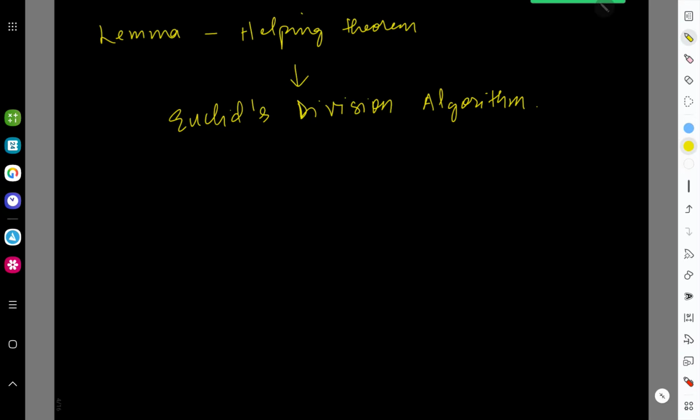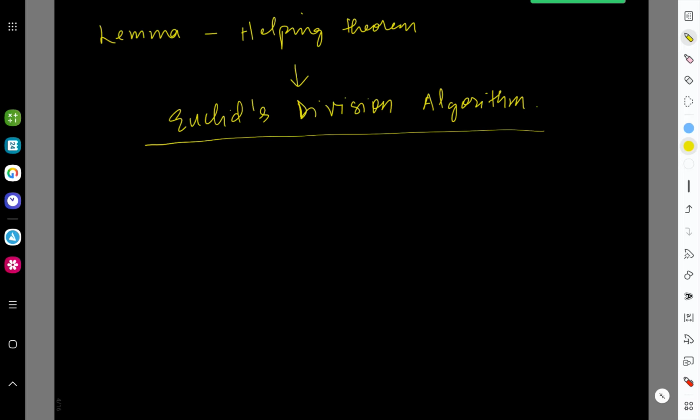So what is this Euclid's division algorithm? Basically, this is a step-by-step process to find the HCF of any two given numbers. If we want to find the HCF of any two given numbers, then we will be using Euclid's division algorithm, and we will use Euclid's division lemma to help prove Euclid's division algorithm.